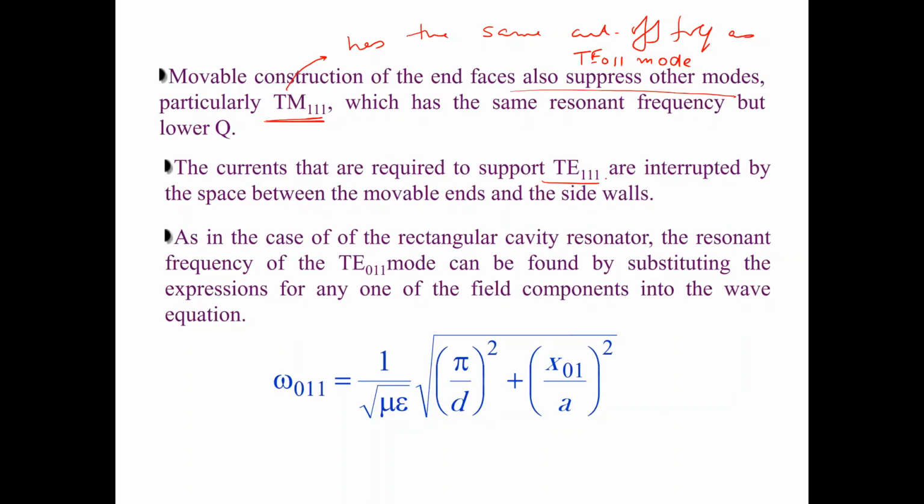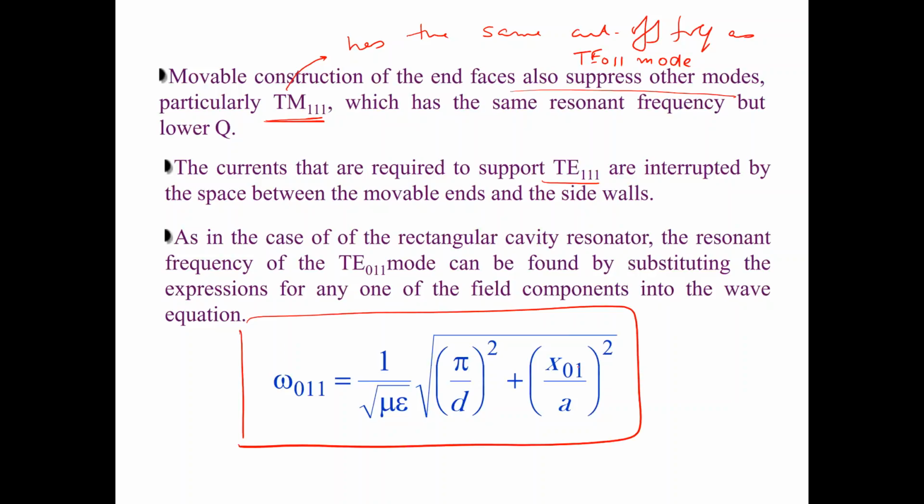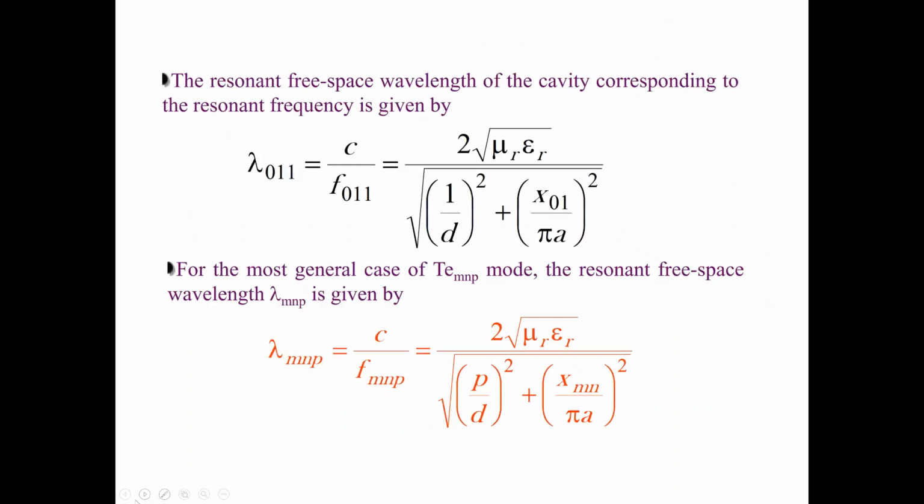In the case of the cylindrical cavity resonator, the resonant frequency of the TE mode can be calculated by using this term, where x01 is from the table. And similarly, you can calculate the resonant free space wavelength of the cavity, and in general, you can calculate it for any other mode you want.